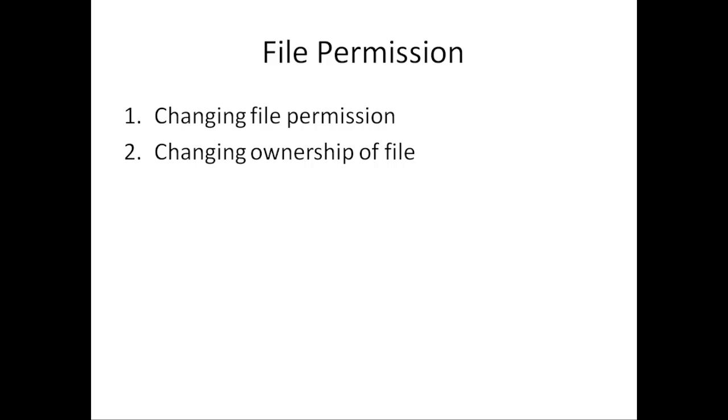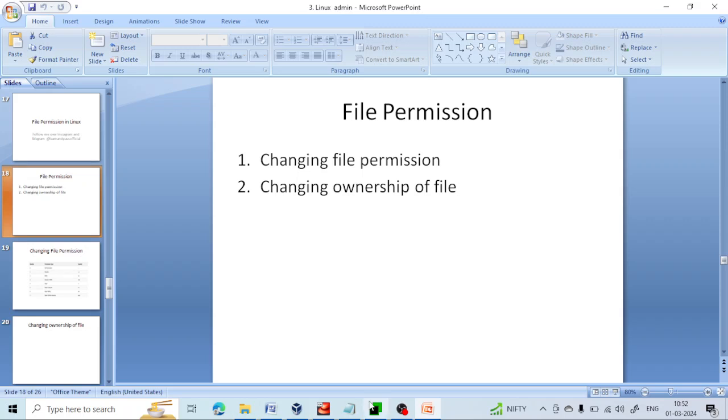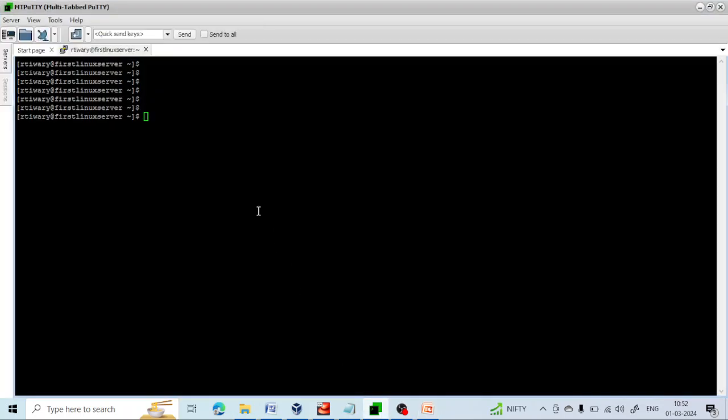Okay. Now, if you're talking about file permission, let me log into the Linux server. I am currently logging into my Linux server. If you see my host name, that is itself this. Now let's discuss.